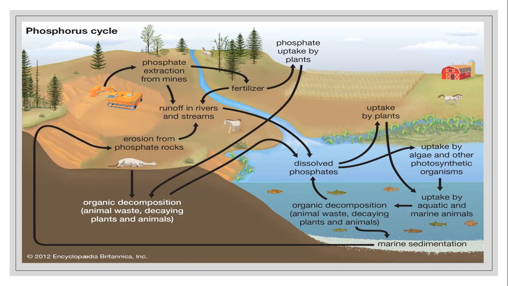As seen here in the picture, this is not the only way phosphates enter the ocean. The extraction of phosphates from mines and the use of fertilizers for agricultural purposes lead to phosphate runoff into the rivers and streams. So once in the ocean, the phosphates accumulate on continental shelves in the form of insoluble deposits, which are exposed on land after millions of years.